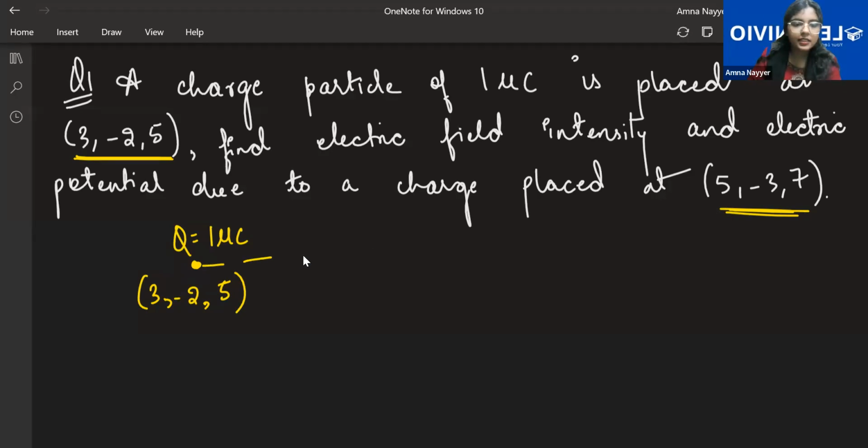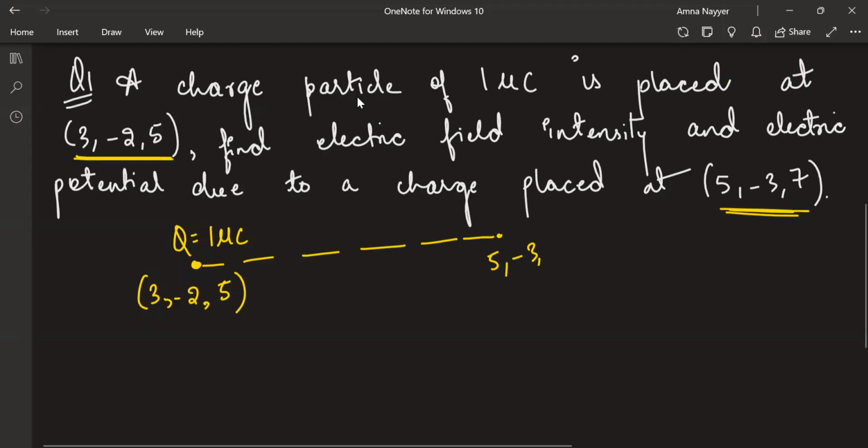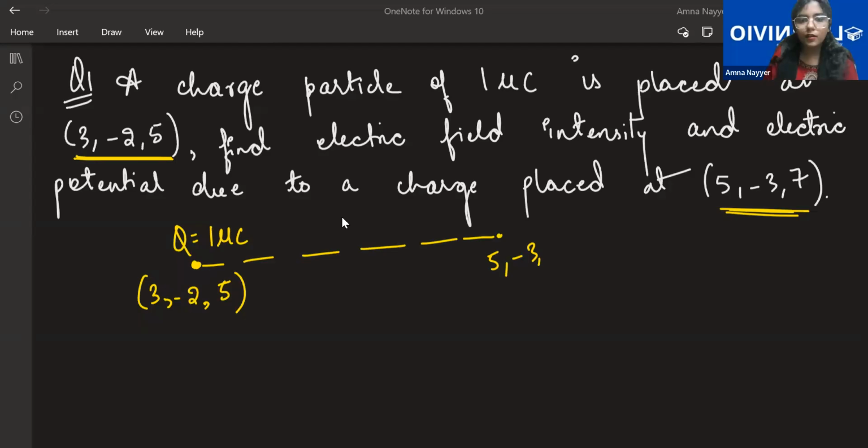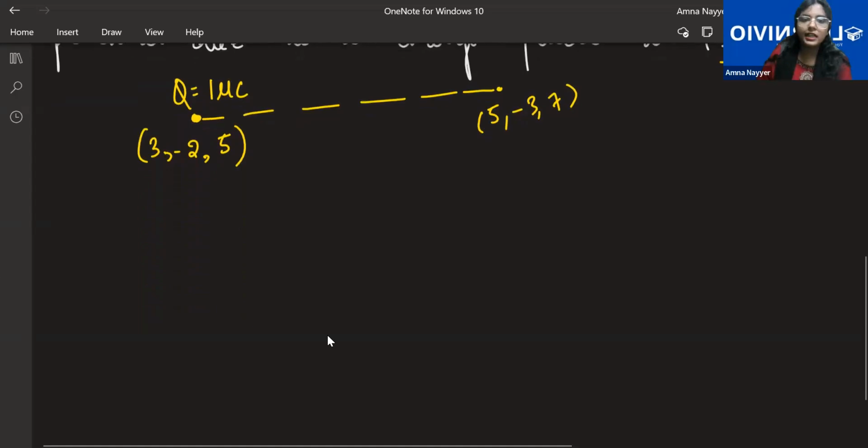So let's say there is some charge which is placed at 5, -3, 7. So you are going to first make it into the Cartesian form.